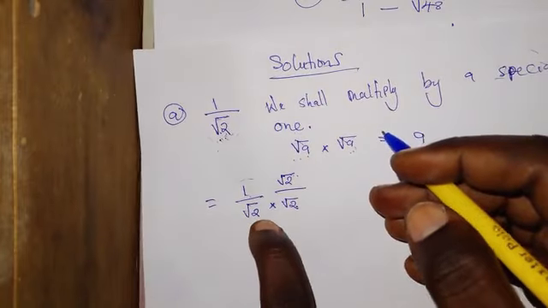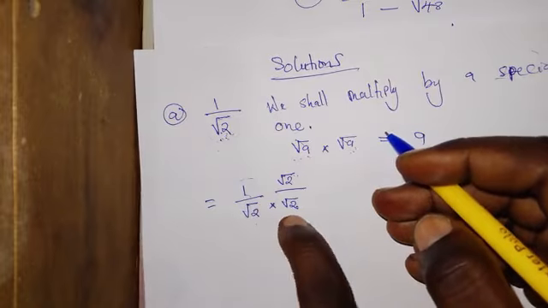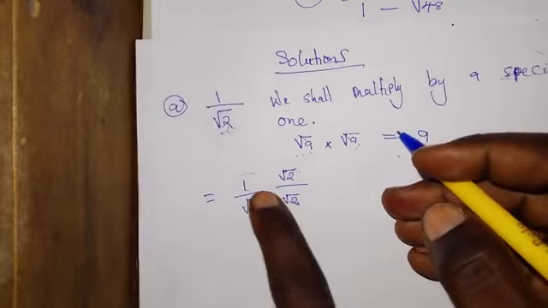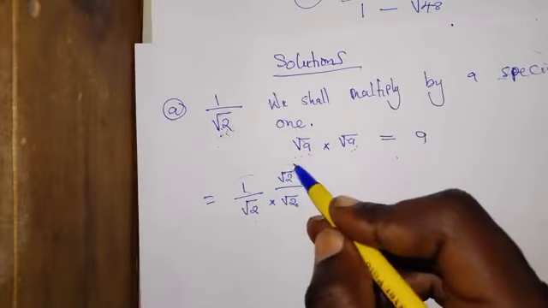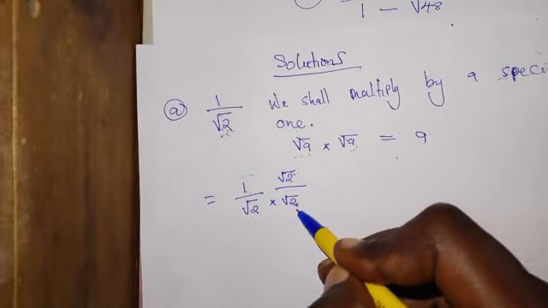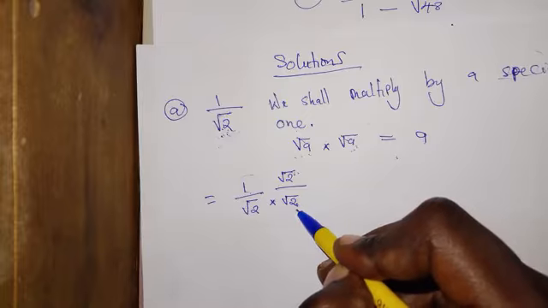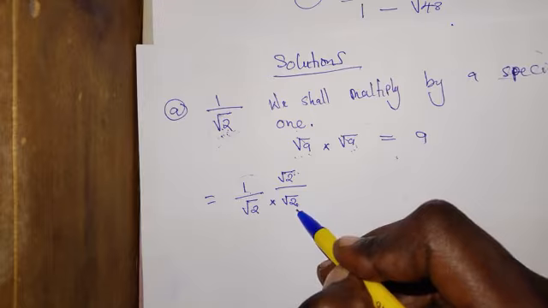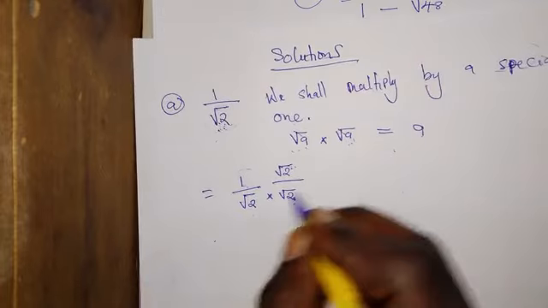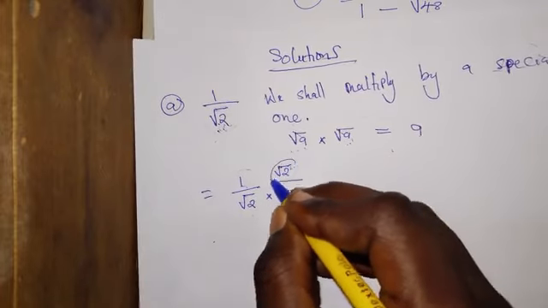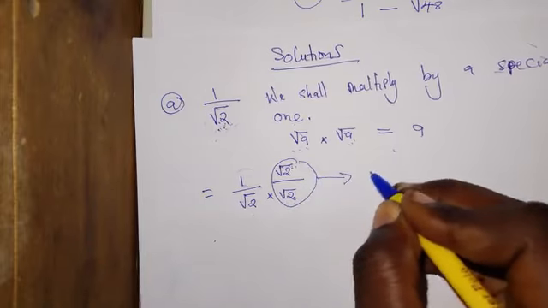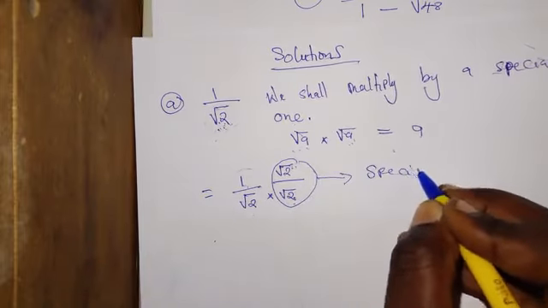Whatever you multiply to the denominator, you multiply through again to the numerator. Hence it becomes a fraction of root 2 over root 2, which is just a 1. This is what we are calling a special one.